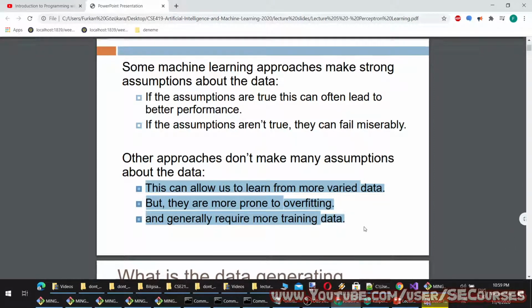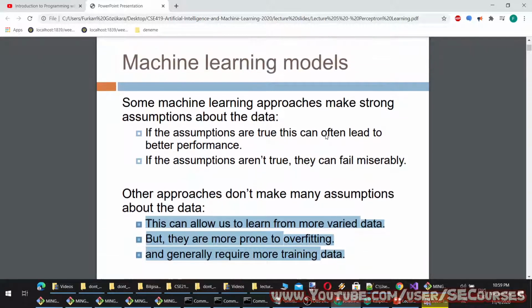But they are more prone to overfitting, and generally require more training data. Okay, so there are two types of approaches. One that makes strong assumptions about the data, and the other one doesn't make strong assumptions about the data. What does this mean?